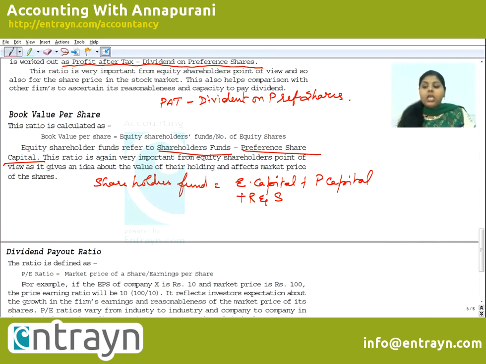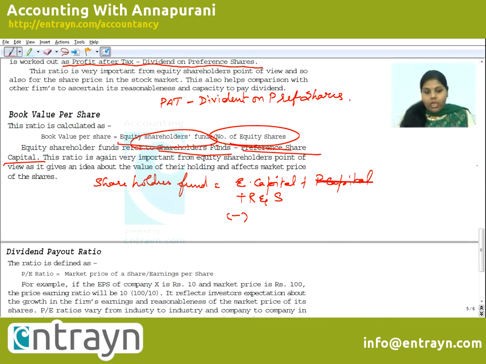Yes, this is shareholders' fund. So if we deduct the preference capital, that will be your equity holders' fund. Equity share capital plus reserves and surplus is your equity holders' fund. And book value per share is equal to equity shareholders' fund divided by number of equity shares.